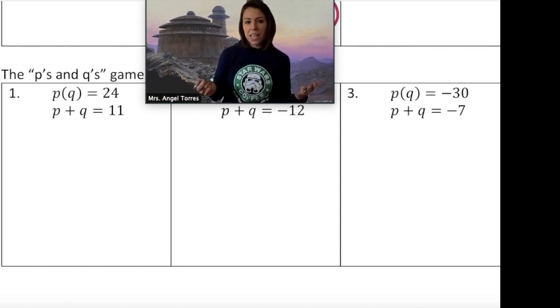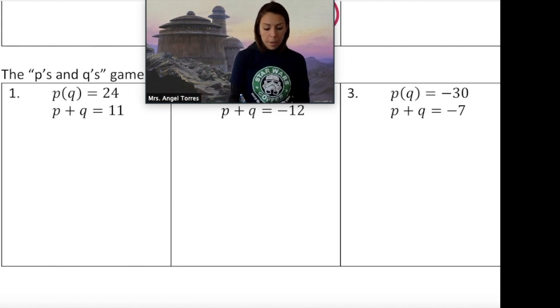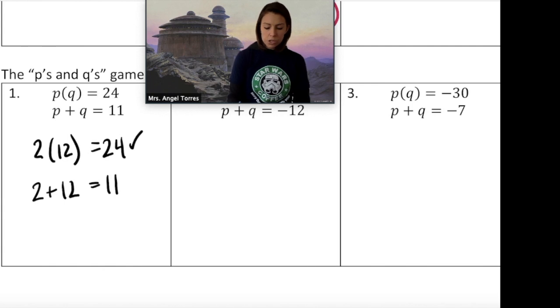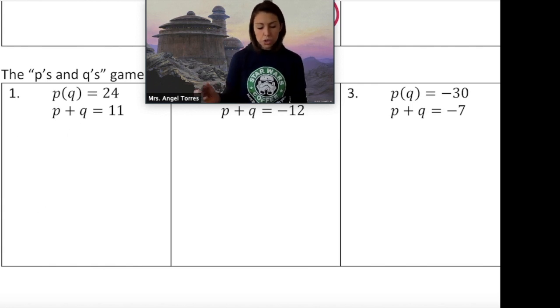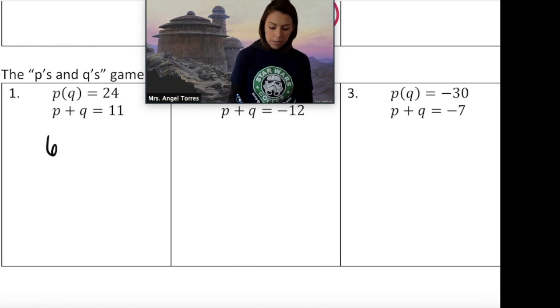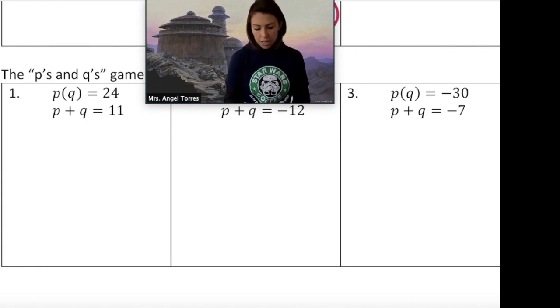So I started thinking, what two numbers have a product of 24? What about 2 times 12? That equals 24, but does 2 plus 12 equal 11? Shoot, that doesn't work. So 2 and 12 aren't my values of P and Q. What about 6 and 4? 6 times 4 is 24, but does 6 plus 4 equal 11? No, that doesn't work either.